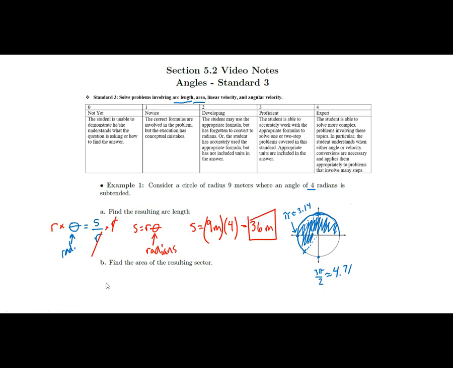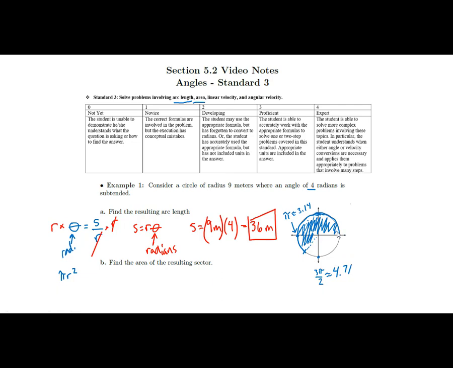First, let's assume for a second that I wanted the area of the entire circle. I would use the formula pi r squared, which gives me the area of a full circle. But we only want a fraction of that area.